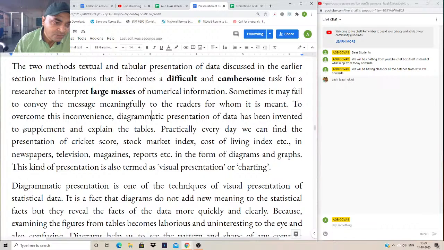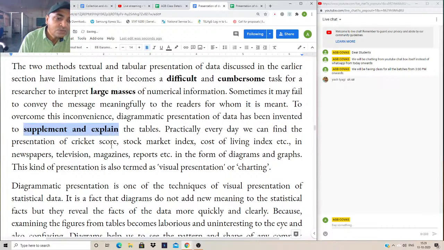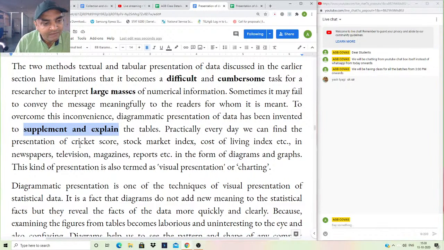You should be able to understand this word, to supplement. That is, tables will remain there, but diagrams are prepared to supplement them so that the reader can understand the information in a better way. Practically every day we can find presentations of cricket scores, the stock market, the cost of living index, etc. in newspapers, television and magazine reports.